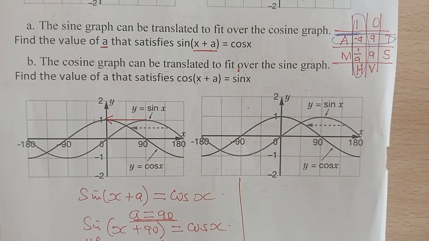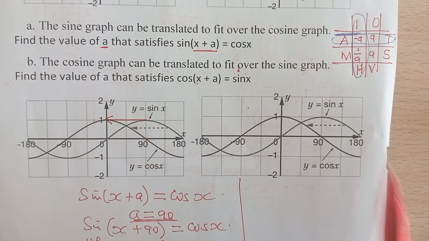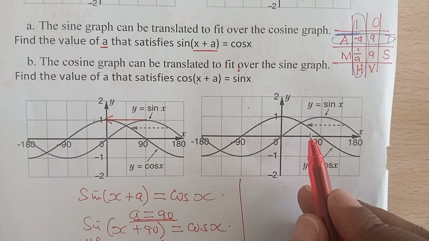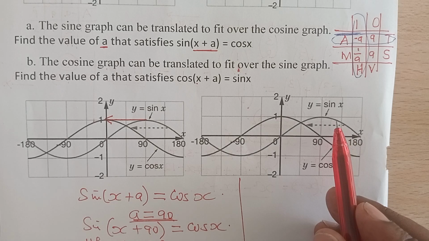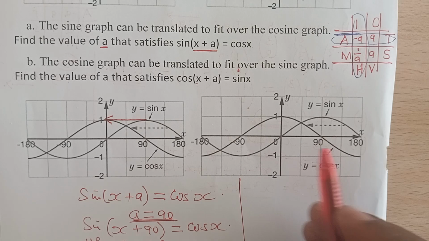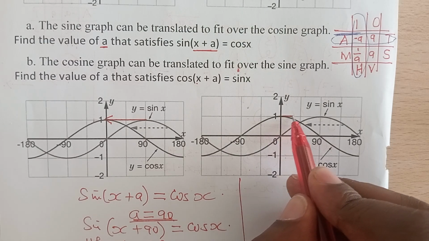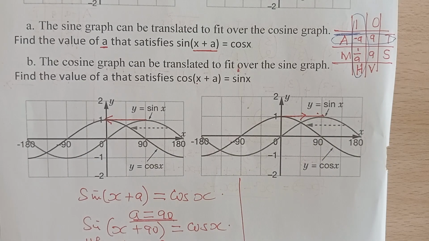Part B of the question: the cosine graph can be translated to fit over the sine graph. I want you to look at this cosine graph. This is the cosine graph, and this is the sine graph. For the cosine graph to fit over the sine graph, we have to move to the right 90, the same distance, 90 degrees.